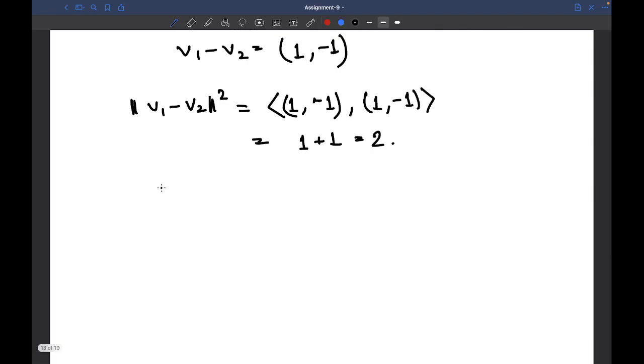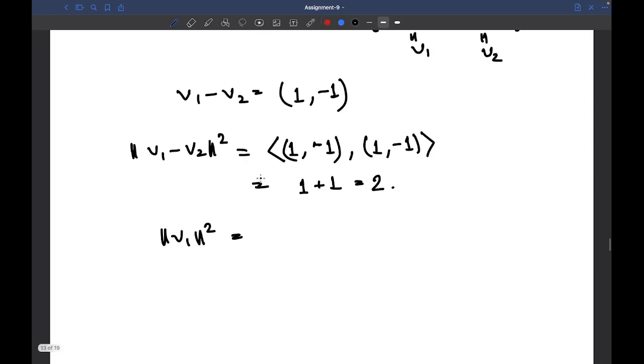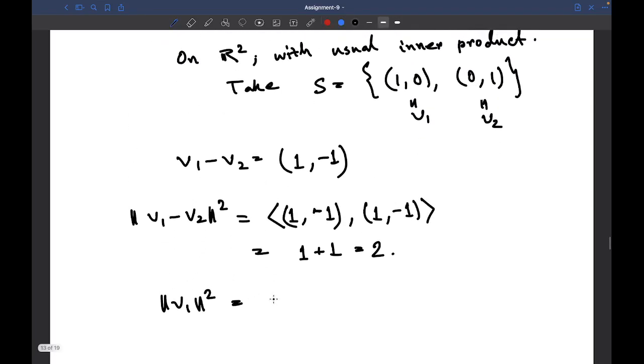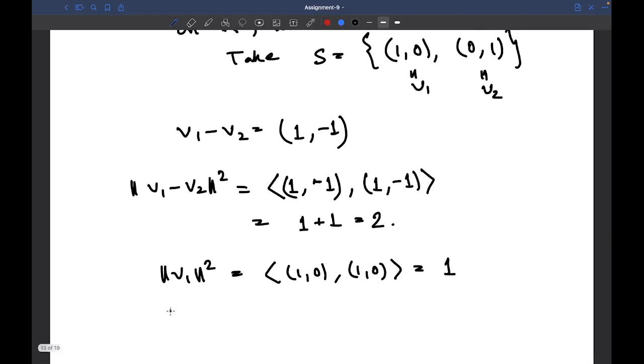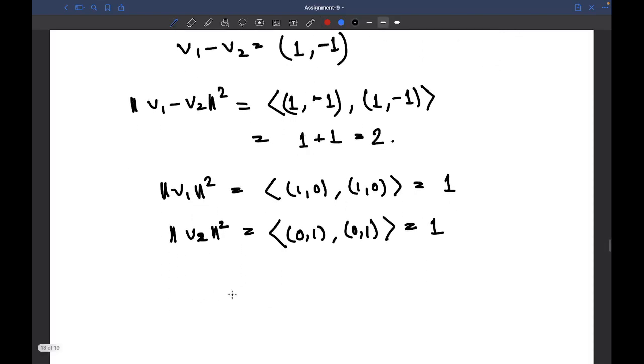And what will be norm V1 square? What is V1? It's (1, 0), the unit vector. So it is 1. And norm V2 square is (0, 1) with (0, 1), which is again 1.